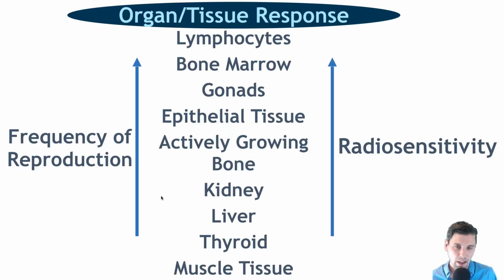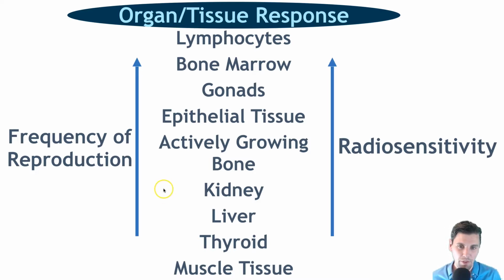The one big takeaway for today's lecture is the organ and tissue response. It relates to the frequency of reproduction. If X-rays are incident on those cells, especially while they're trying to reproduce, because cells are more radiosensitive while they're reproducing, the cells that reproduce more frequently have a higher radiosensitivity.